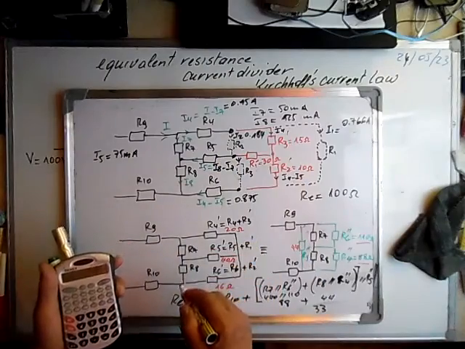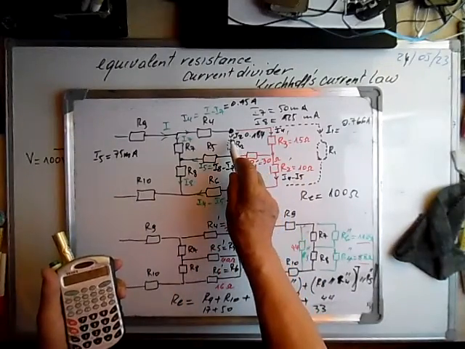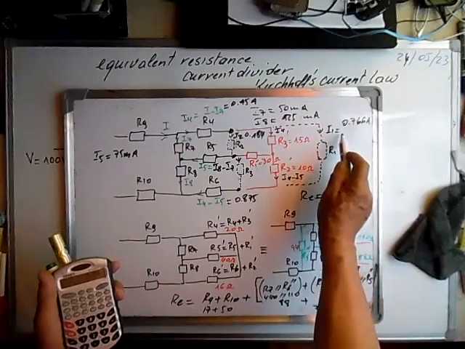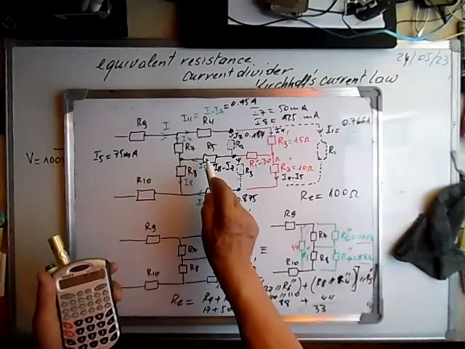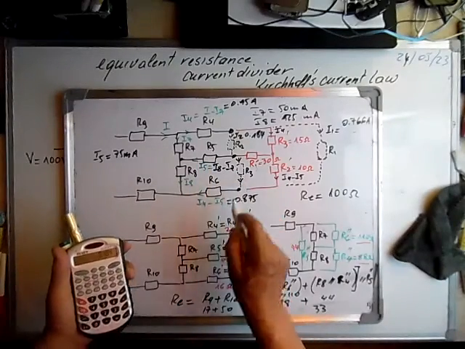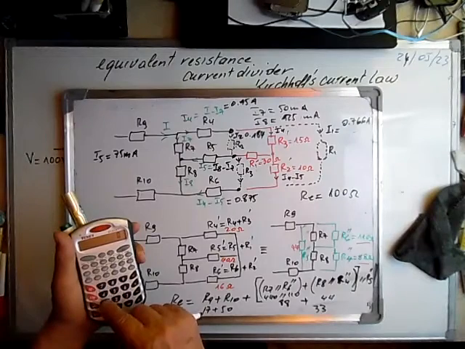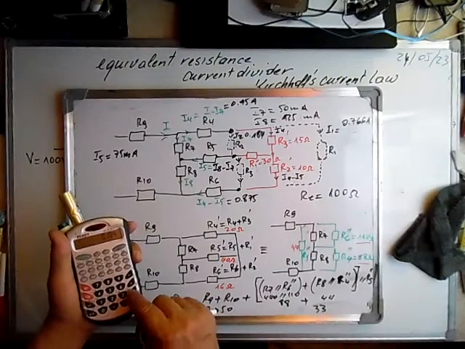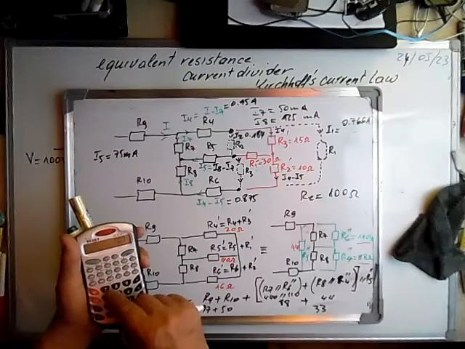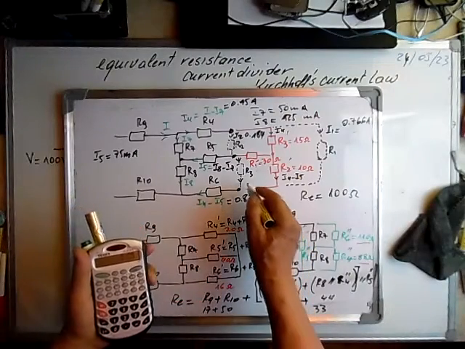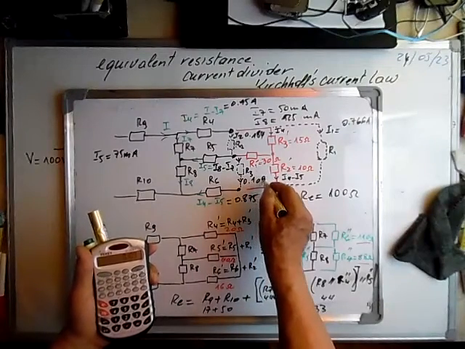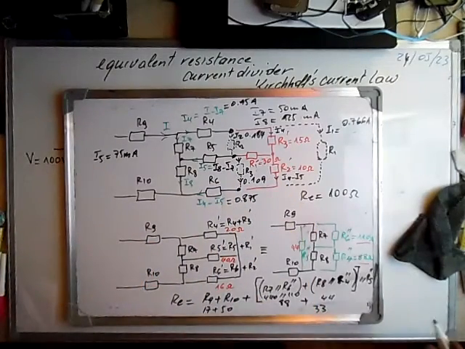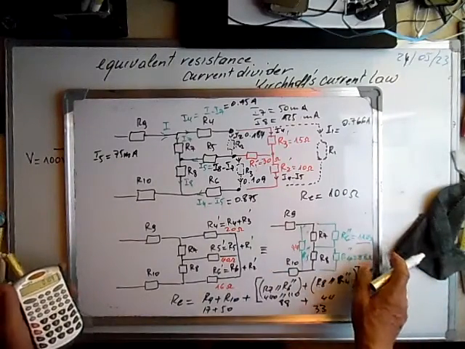We are using Kirchhoff's current law, so I2 is equal to I4 minus I1, and now I3 will be equal to I2 minus I5. Here the current that flows is 0.184 minus 0.075, and this is, if I'm not mistaken, 0.109 amps.